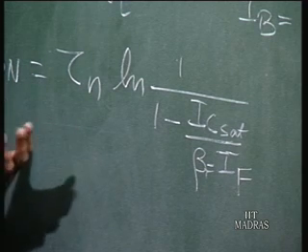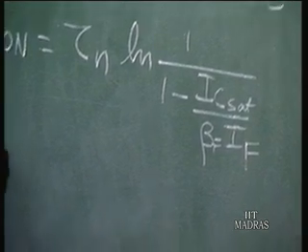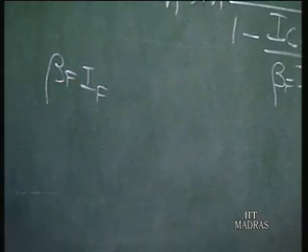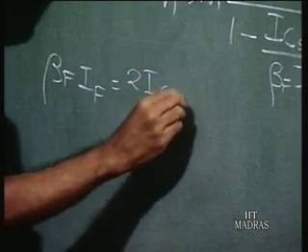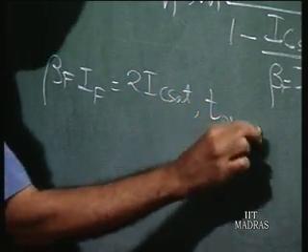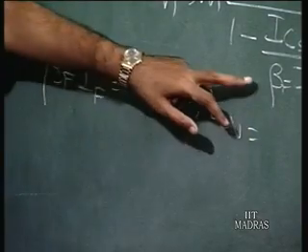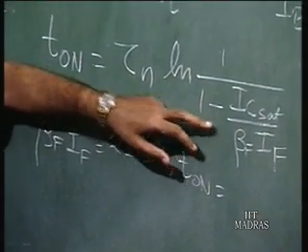Now, let us take a small example. Suppose beta f IF is equal to twice IC sat. What is T on equal to? So, this becomes half.